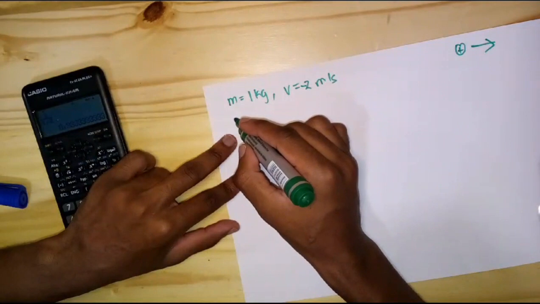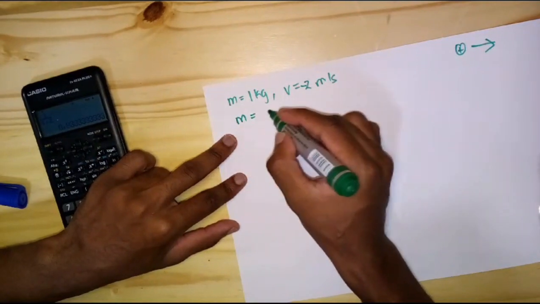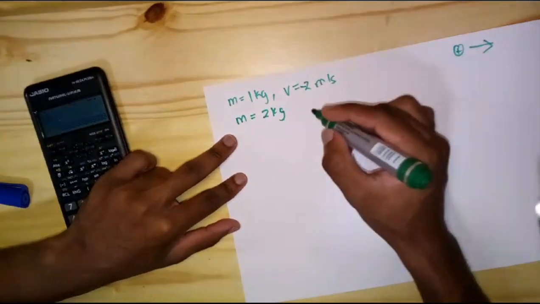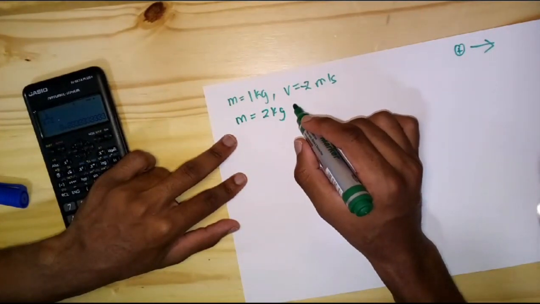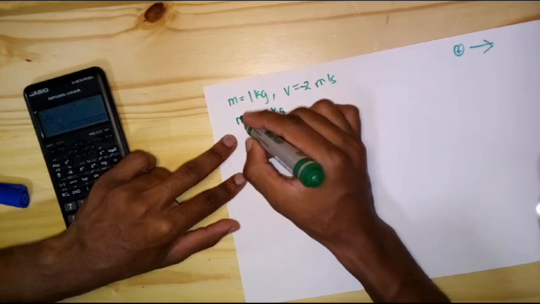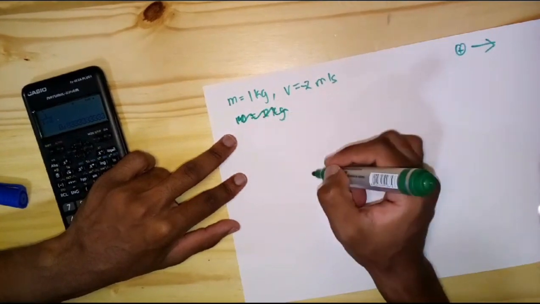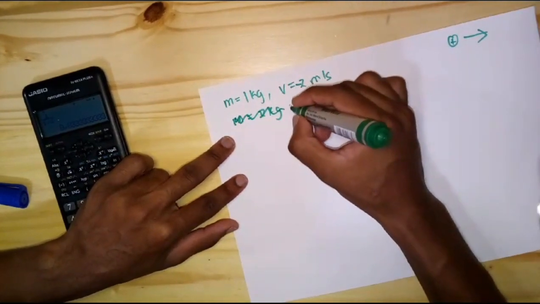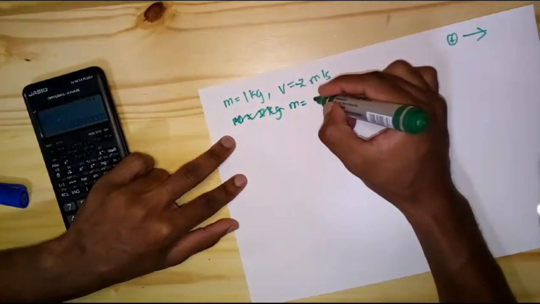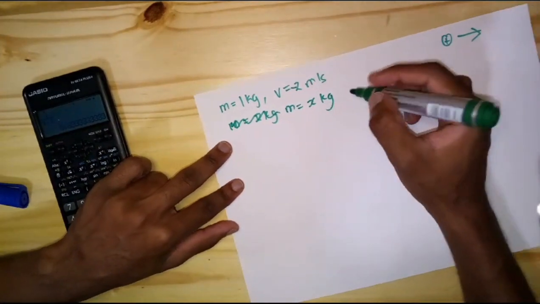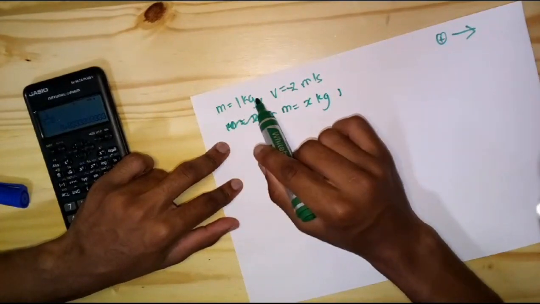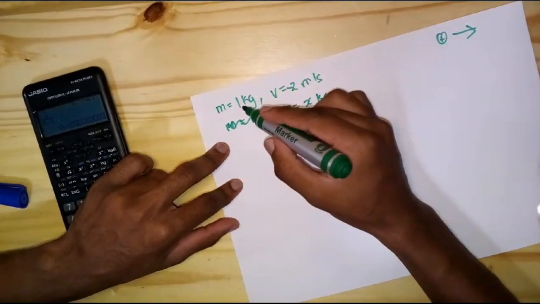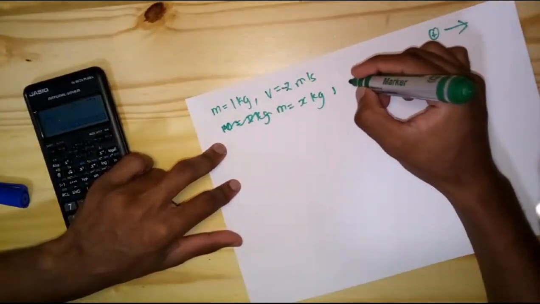And then they say that a mass of x kg moves away with the 1 kg trolley at the same velocity.